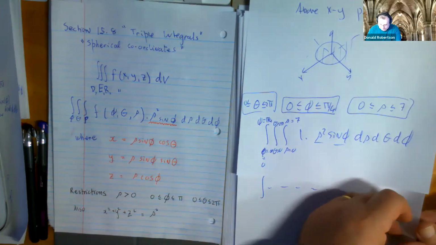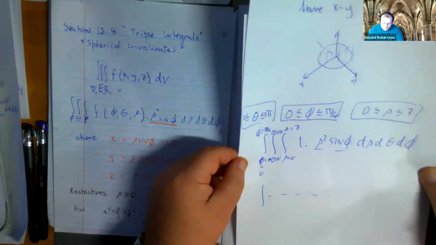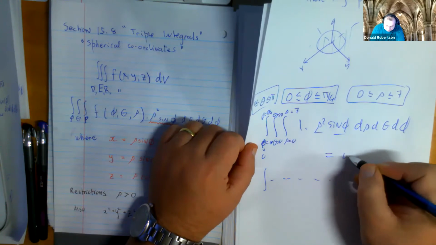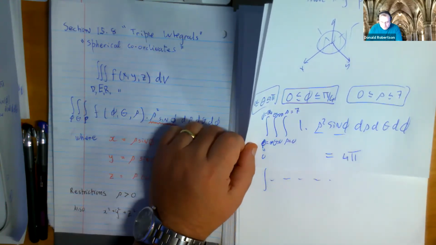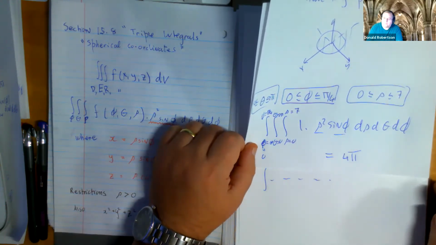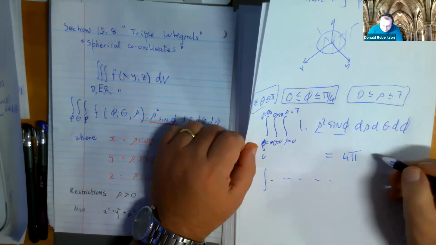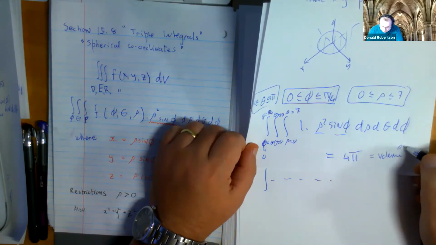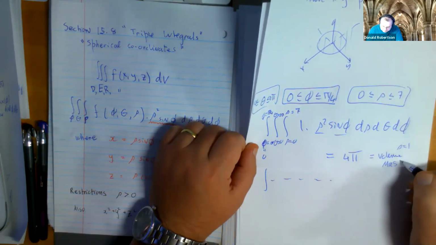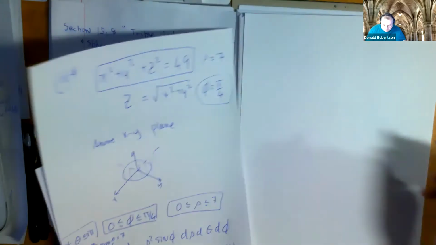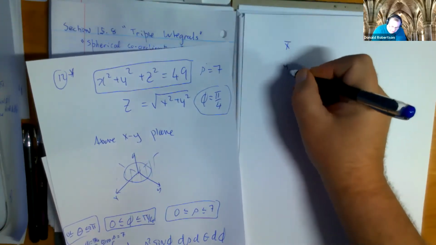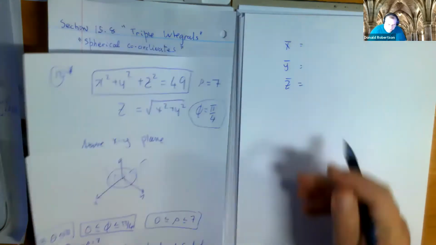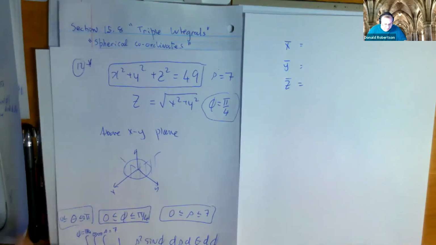Can we imagine, I know this question doesn't have it, but can we imagine that this answer, because I need an answer to work with, can we pretend that the answer is 4 pi? It'd be a miracle if it was, but can we pretend it's 4 pi? Then this would be the volume, right? And if the density function's 1, then it would also represent the mass. So how do you get X bar, Y bar, and Z bar in this situation?